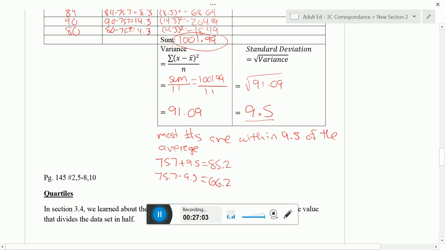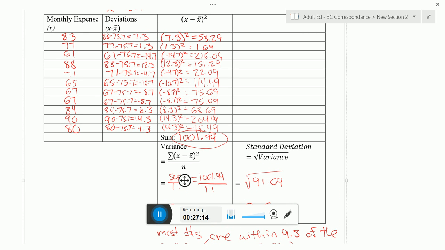So we could say most of our numbers are between 66.2 and 85.2, and if you were to look at your numbers, you would see that that is the case.